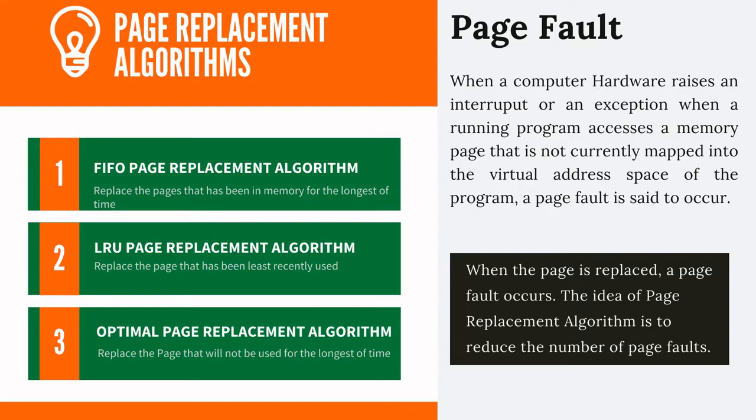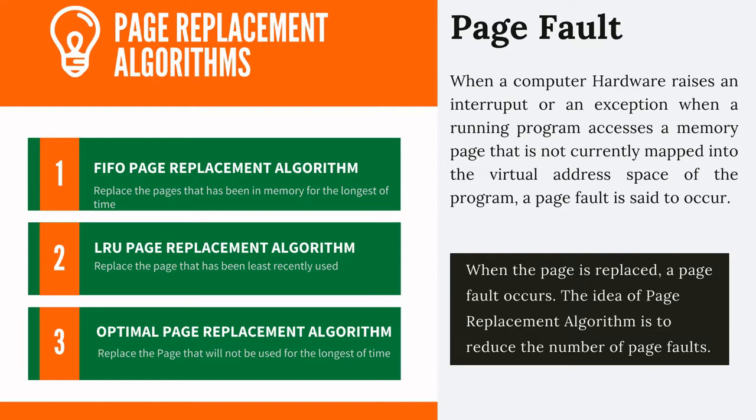There are three page replacement algorithms that are employed with the virtual memory management concept of operating system. The first being the FIFO page replacement algorithm, that is the first in first out. It replaces the pages that have been in memory for the longest of time.